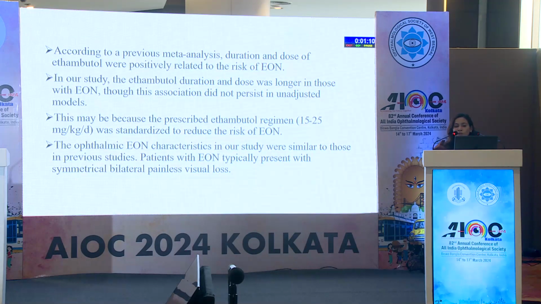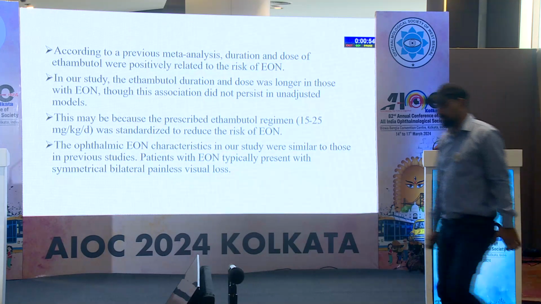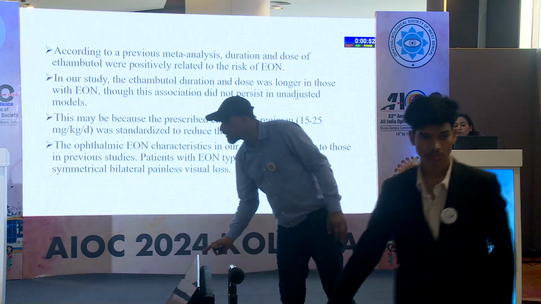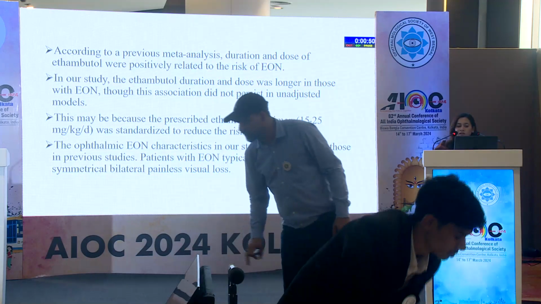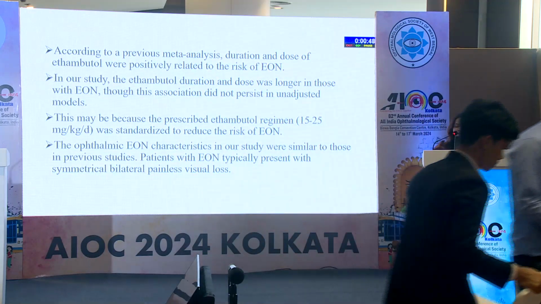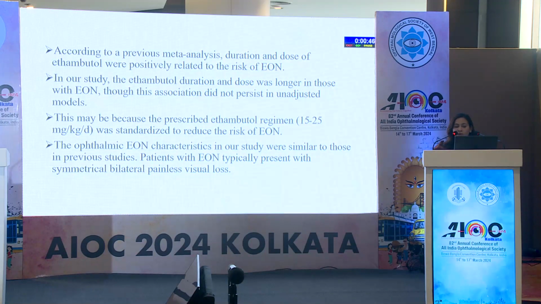According to a previous meta-analysis, duration and dose of ethambutol were correlated with the risk of ethambutol-induced optic neuropathy. Our study also suggested this, though the association did not persist in unadjusted models, so it might be due to the prescribed ethambutol regimen, which was about 15 to 25 milligram per kg per day.